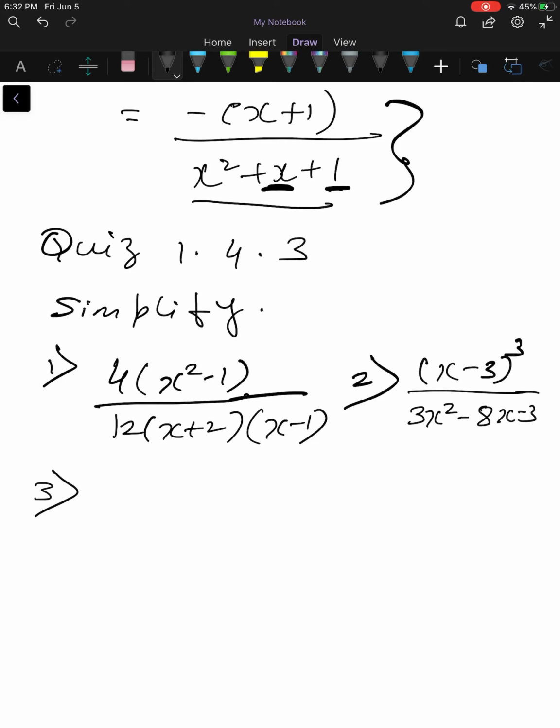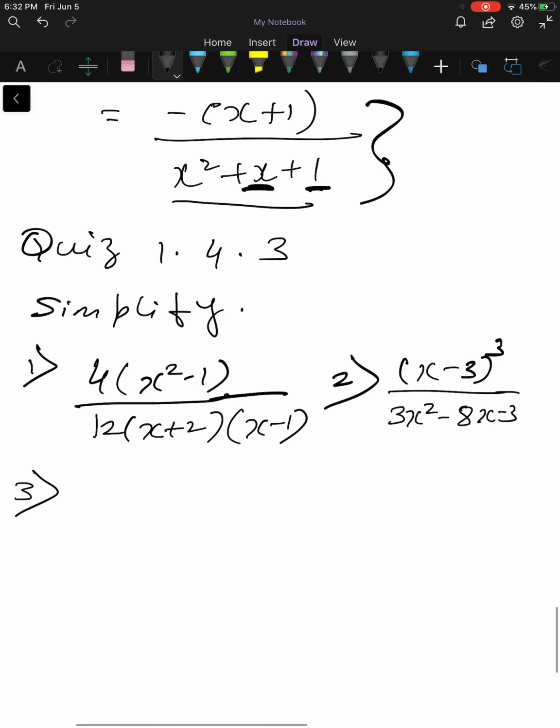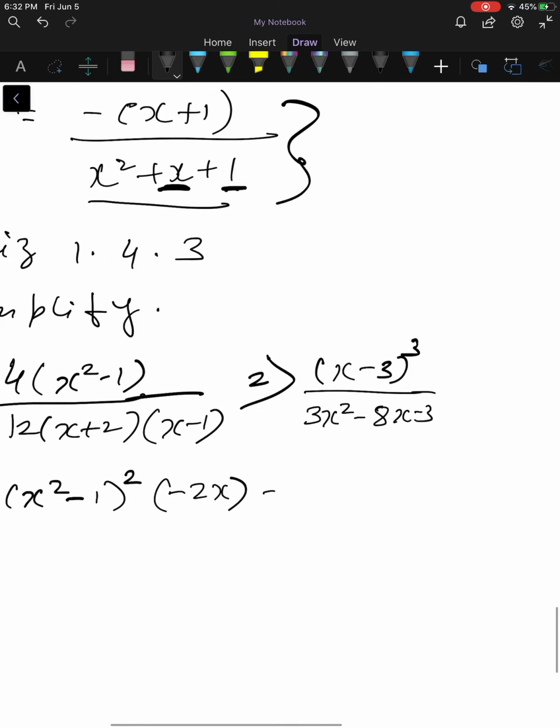And third one, this is a bit lengthy and little tricky. It is just that I'm including many terms here. You should be very careful with the signs, brackets, and the process.